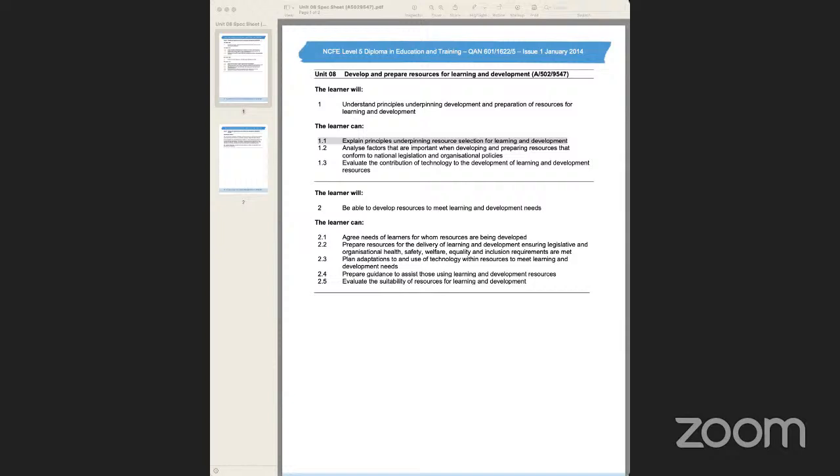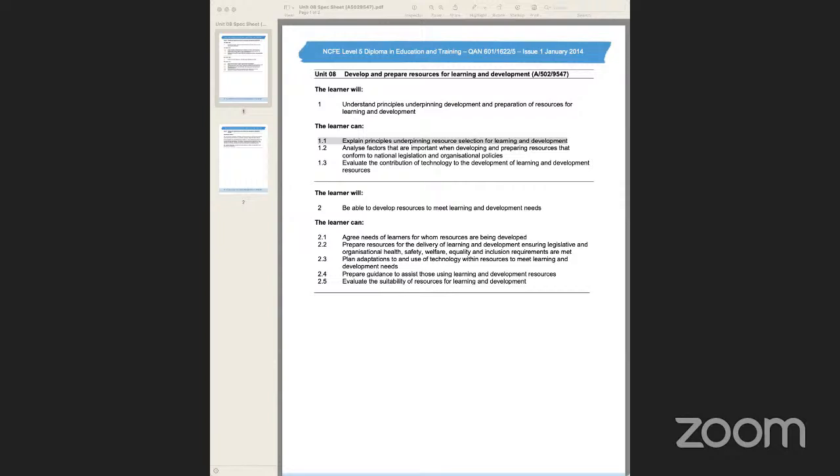Now, the other bits that we are going to be looking at in this unit is learning outcome 2. In learning outcome 2, we are looking at primarily going through how we develop resources which meet the requirements of teaching and learning. So we are looking at how teachers, educators, trainers develop resources which are going to be useful for our learners.